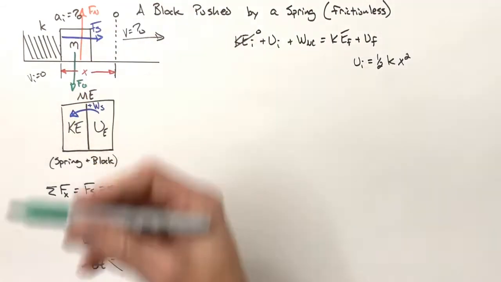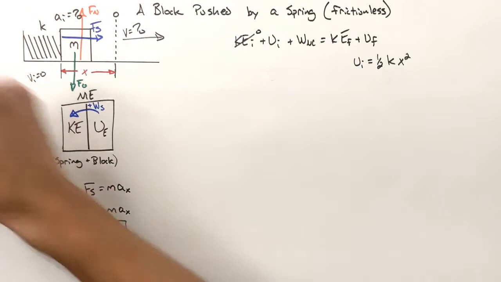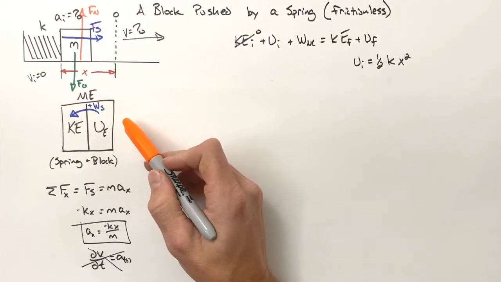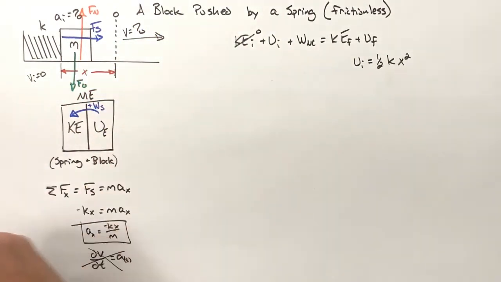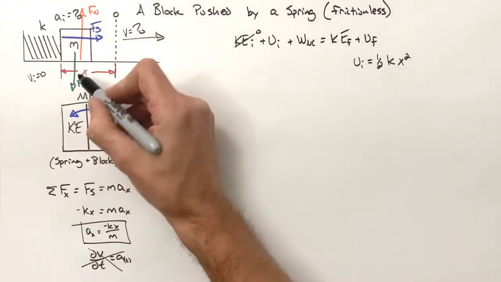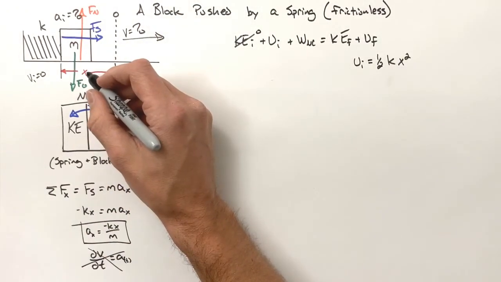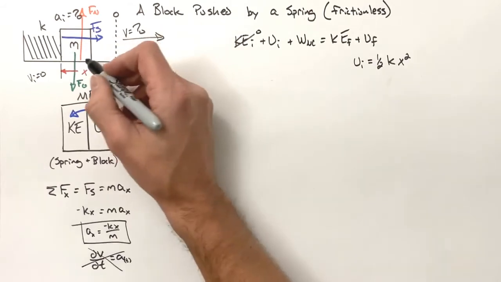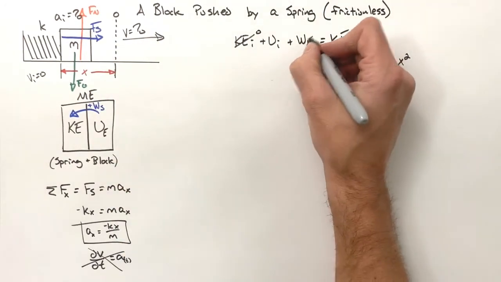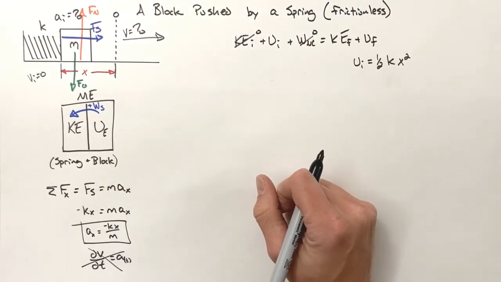Aside from the fact that these two cancel each other out, I hope you'll notice the normal force is at a right angle to the displacement, as is gravity. So neither of them are doing any work according to our equation for work, which was F d cosine theta. So our non-conservative work term is 0.